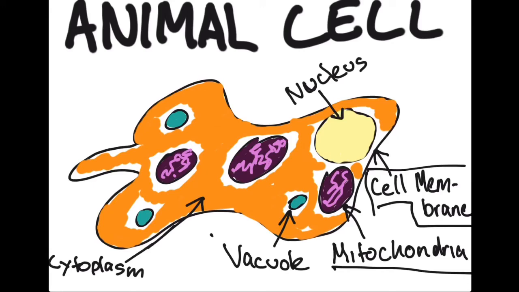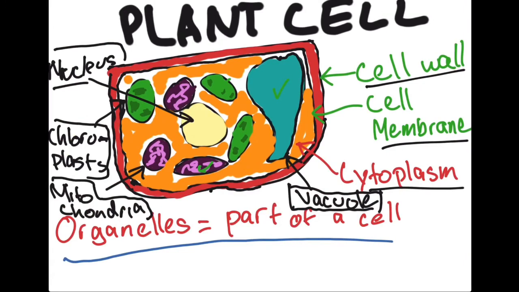Okay, now it's vacuole. Vacuole has the same purpose, but in animal cells there are smaller vacuoles, unlike in a plant cell. Plant cells have vacuoles which can sometimes even take up to like 1/3 or 1/4 of the cell.